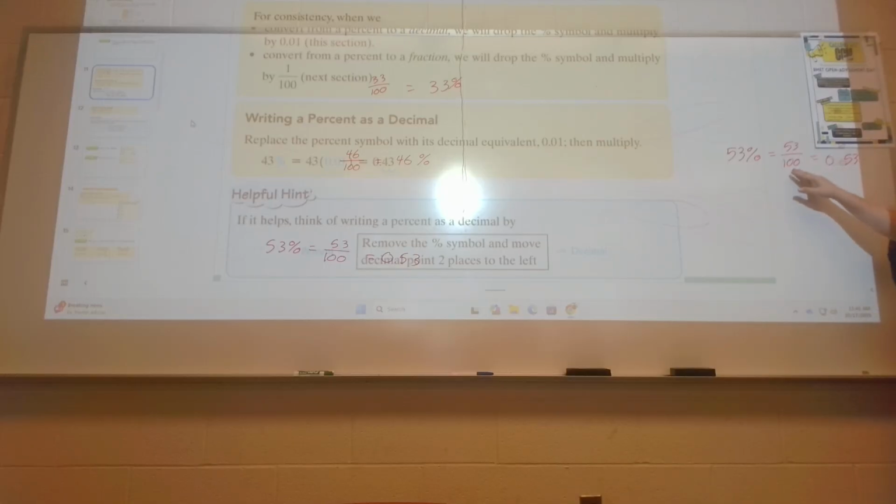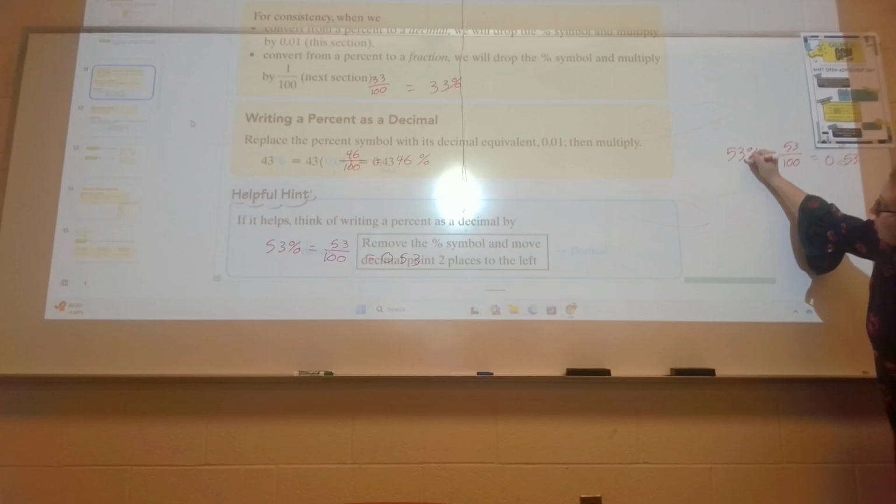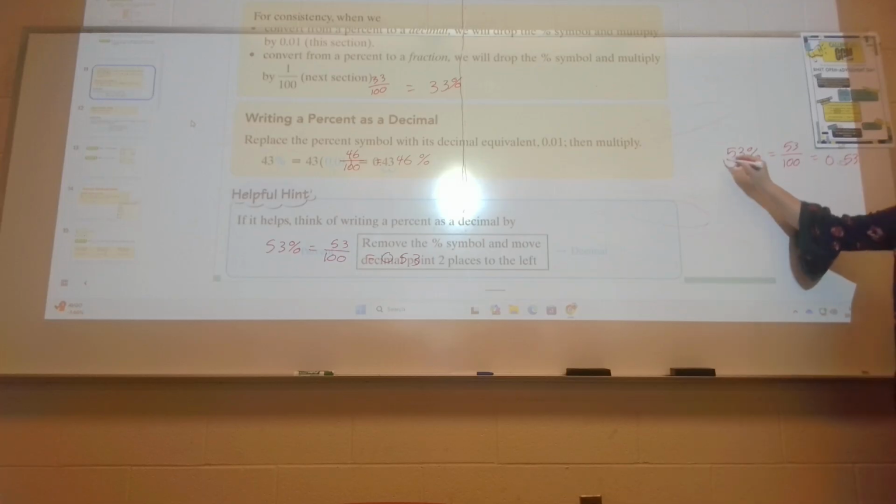If I'm going back, I go back to just the number in the numerator. If I'm dealing with a decimal value, the trick is just knowing how much to move the decimal. You know how 53 is put over 100? How many zeros does 100 have? 2. So to turn a percentage to a decimal, the little decimal that's over on the right here gets moved twice to the left.